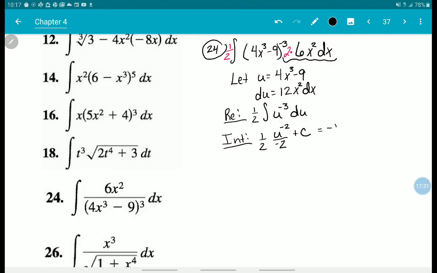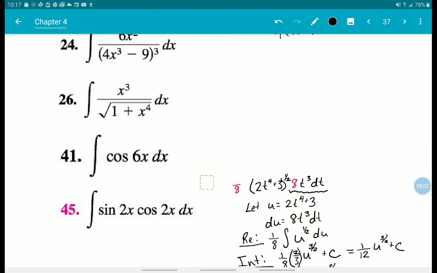So that's going to give us a negative 1 over 4u squared plus c. And then if we sub back in, we have negative 1 over 4 times 4x cubed minus 9 squared plus c. So there's our final answer.